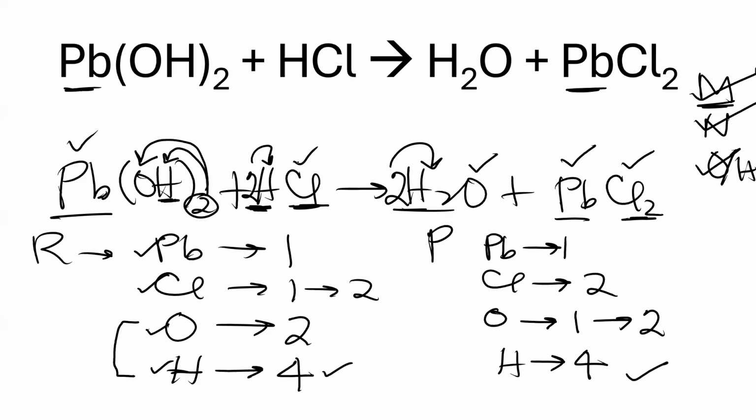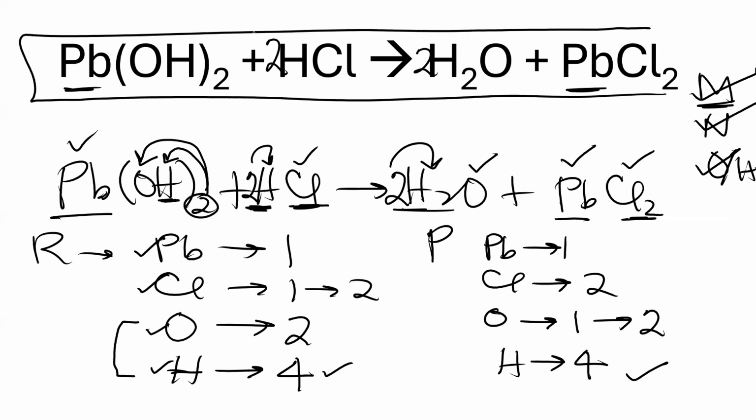So that makes the process much easier, making balancing chemical equations so much smoother with this particular technique. So for this example, you have 1 mole of lead hydroxide, 2 moles of hydrochloric acid, 2 moles of water, and 1 mole of lead chloride as our balanced chemical equation.